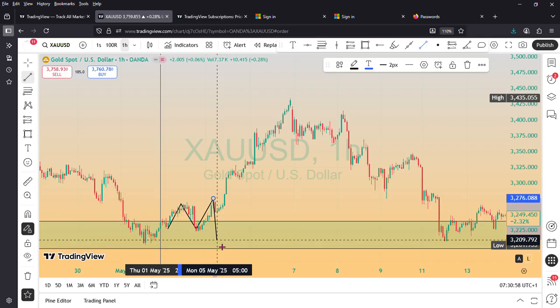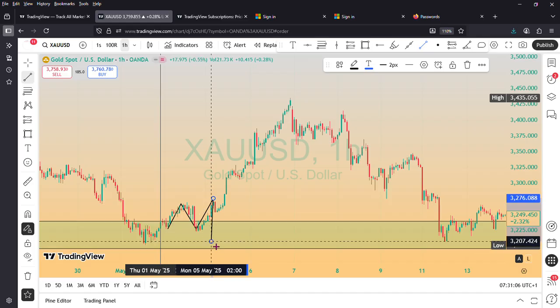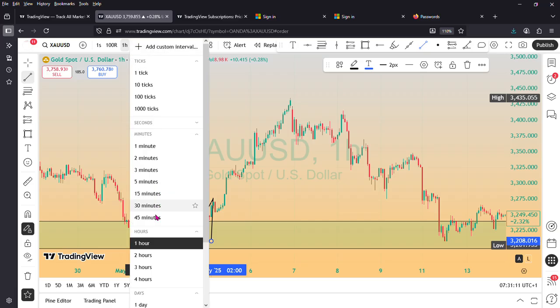So my stop loss should be below the wick. So now where will you put your take profit? Your higher time frame determines that place. You see that your doji determines it. So you go to your doji, the place of your doji.